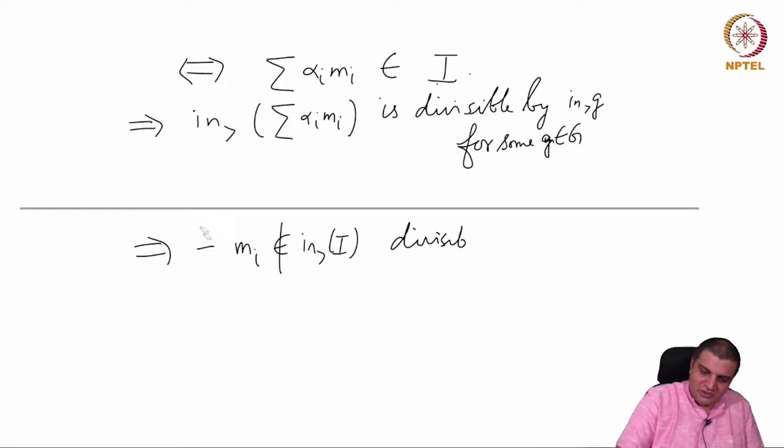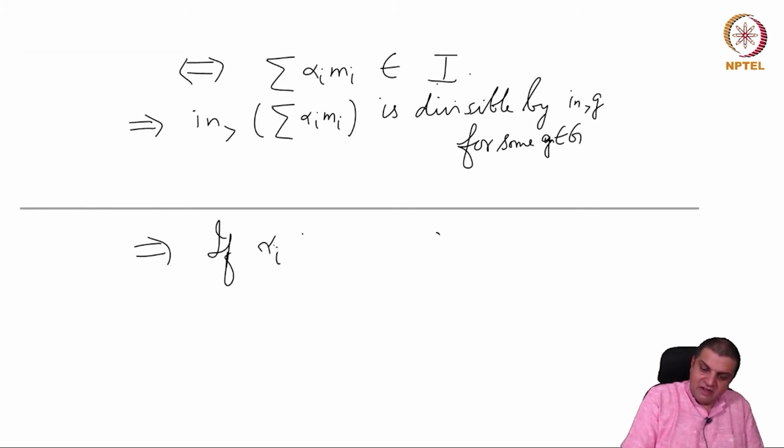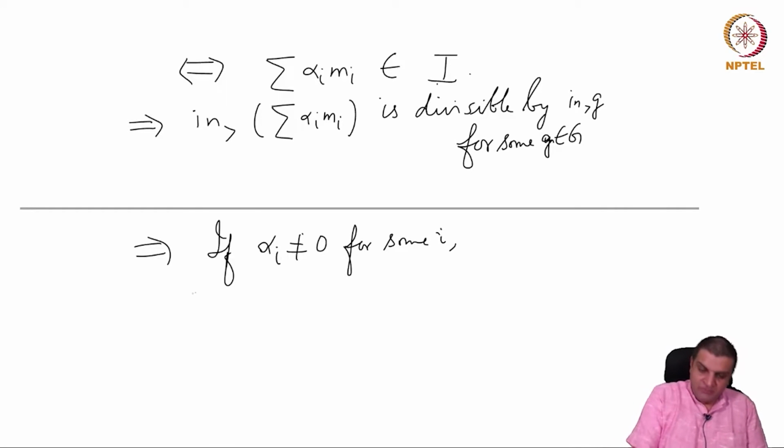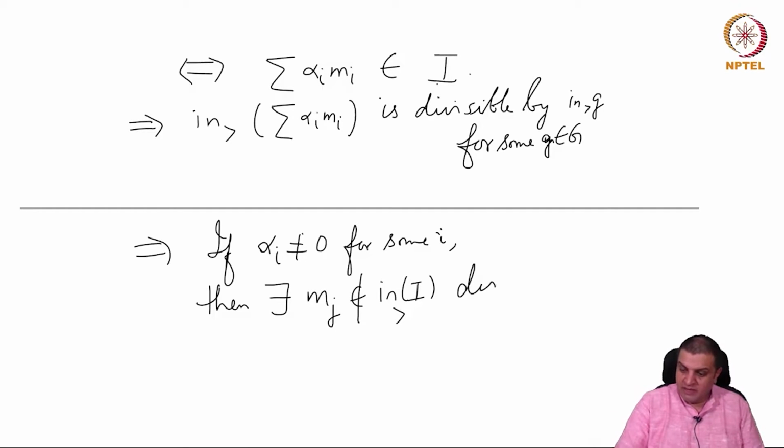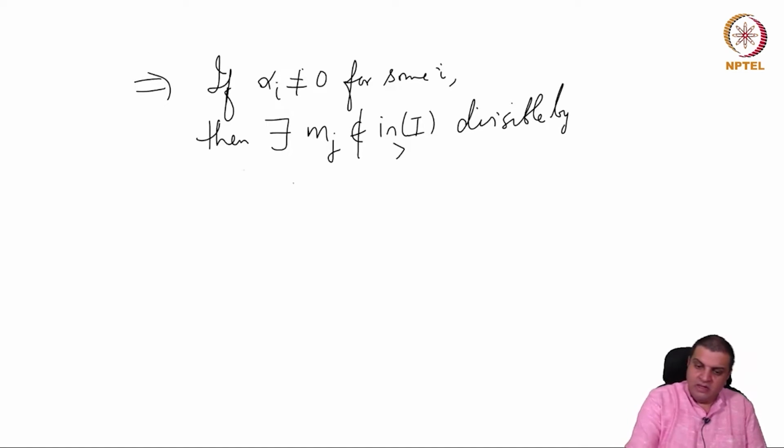Well, sorry, there's no contradiction yet. If alpha_i is not equal to 0 for some i, then this is in fact a non-zero element, and there exists some m_j not inside the initial ideal of I, divisible by the leading term of some g in G. But this is not possible.